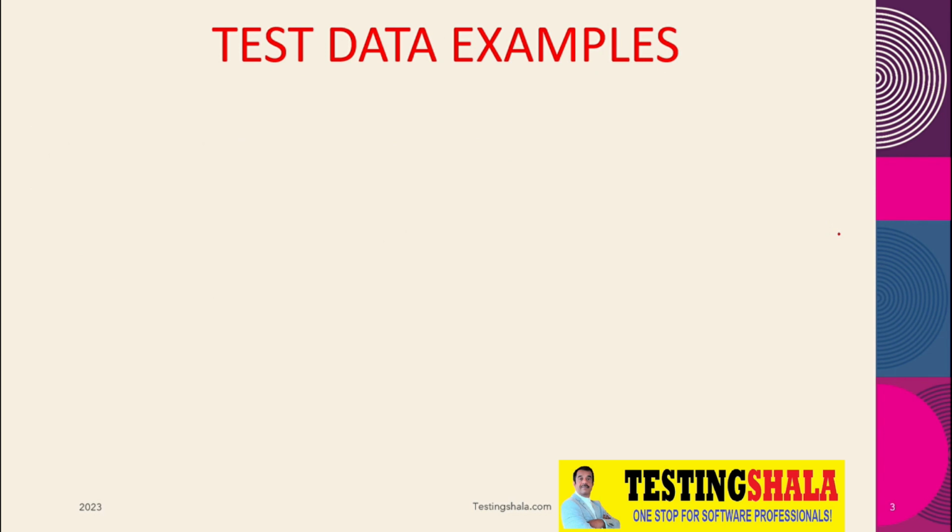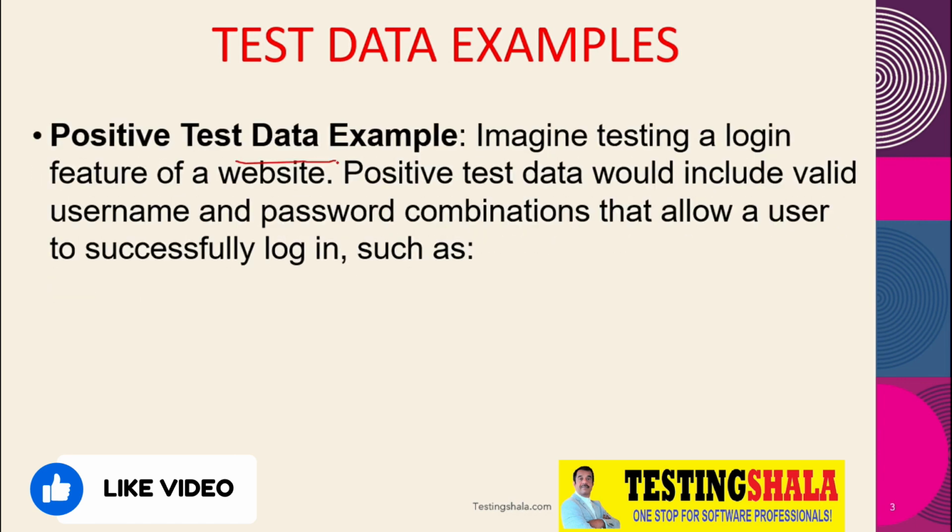Now we'll understand the various examples of test data. The first type is positive test data. Take an example of a web page with login functionality: a username, a password, and a login button. Whenever we enter a username and password and click on login, you should log in.